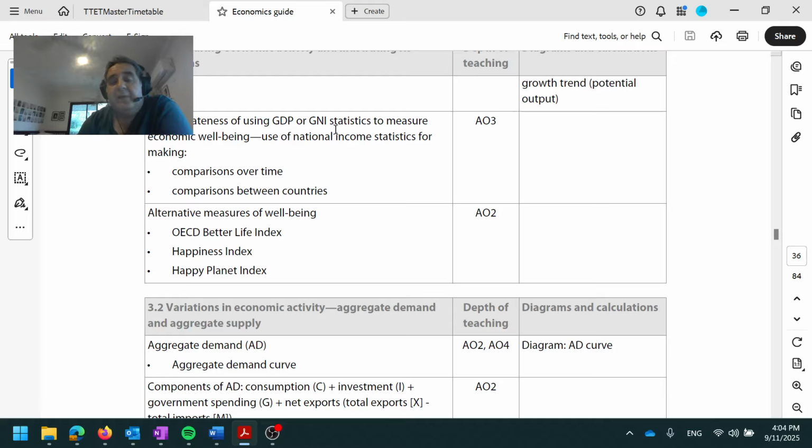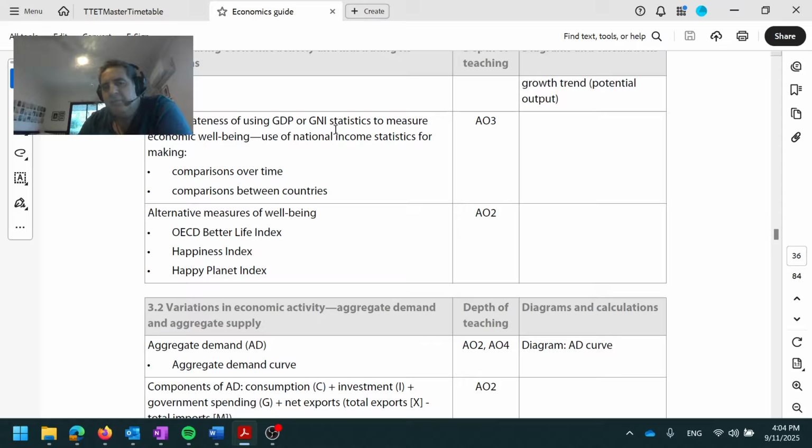But there are many limitations with using GDP or GNI. They're listed in the textbook and the study guide. I won't go through them all, but to me, it's often a question that people don't look at or don't prepare for. But honestly, if you did get it and you prepared for it, it's really straightforward. It's not too difficult.